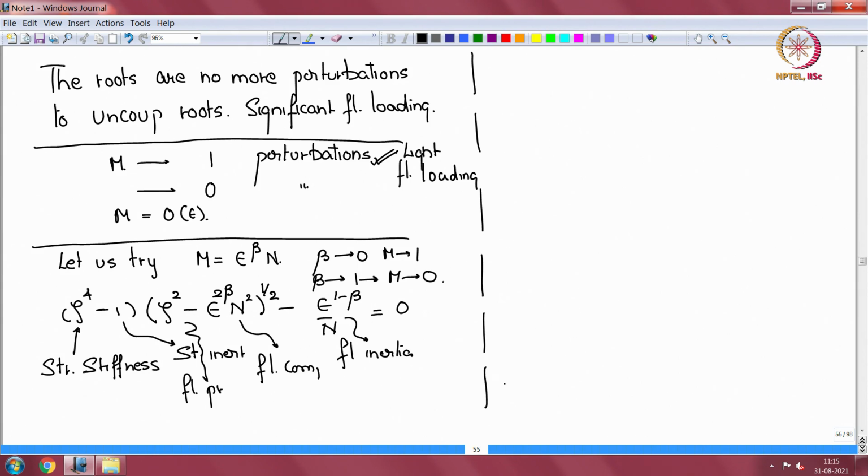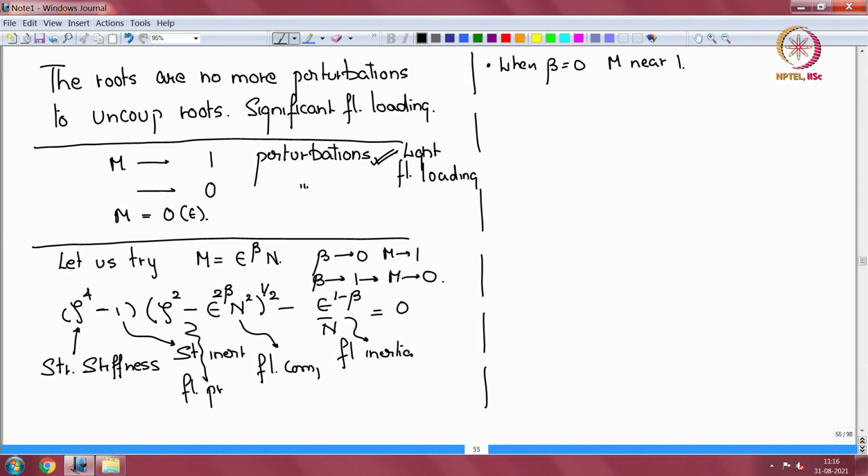Now you can see that when beta is 0, that means m is just near 1, less than 1.